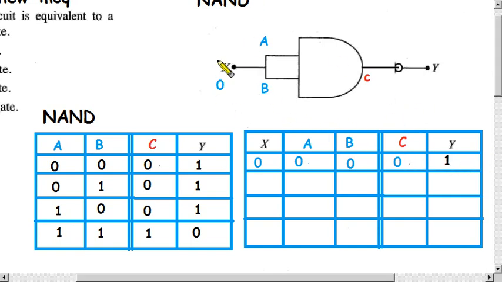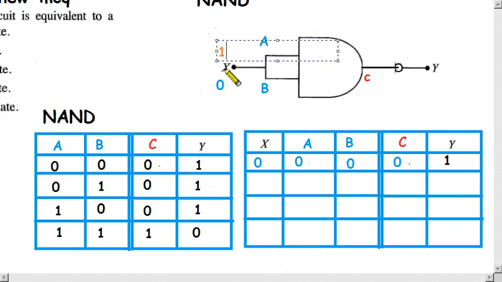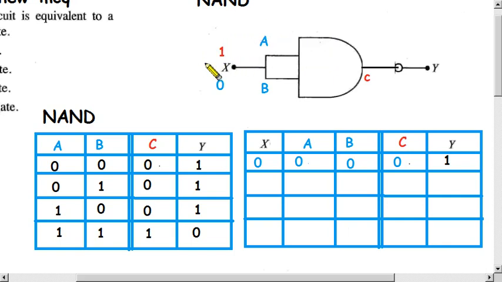So if we gave 1 to this input, like this, we gave 1. So what happens? Now x is 1. So it goes to this A and B, both become now 1.